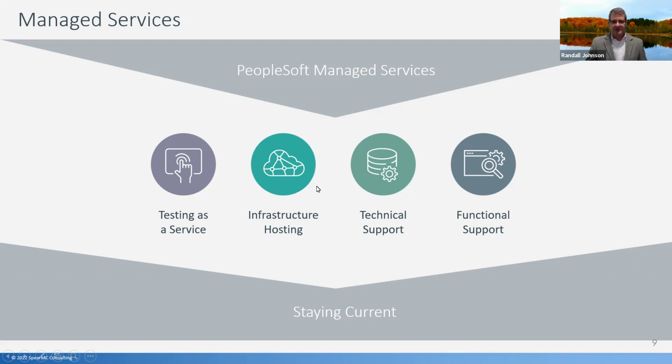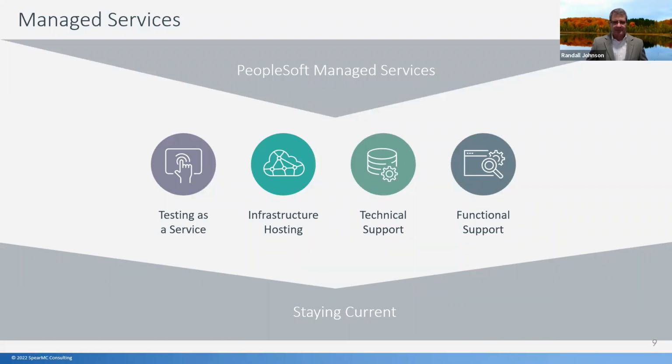Hosting, infrastructure hosting, primarily through our partner Oracle, Oracle Cloud Infrastructure. We do have some customers that have chosen to move on to Microsoft Azure or AWS. So we do help our customers in doing those platform migrations as well.